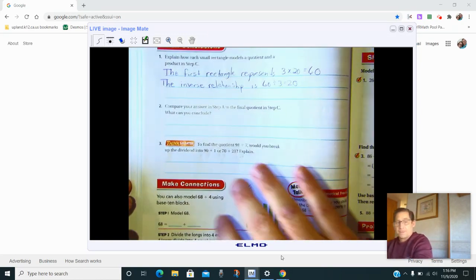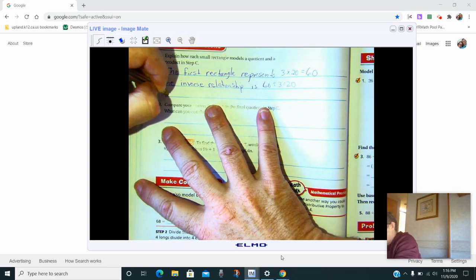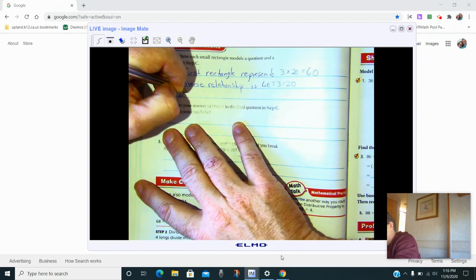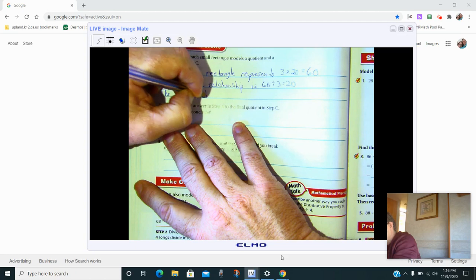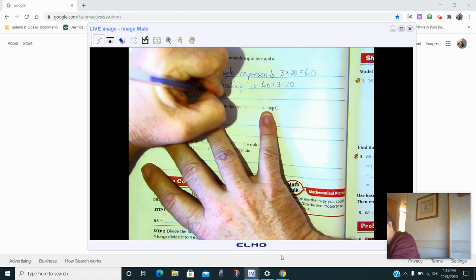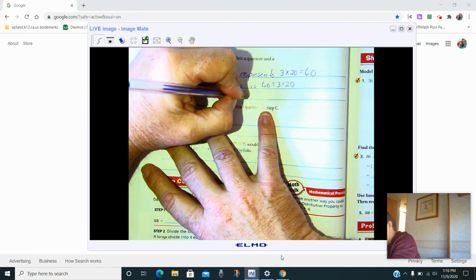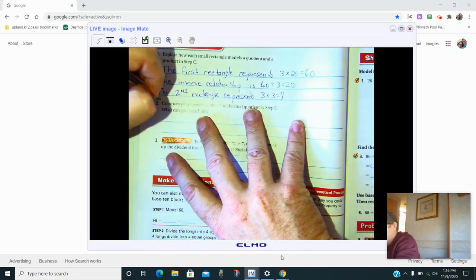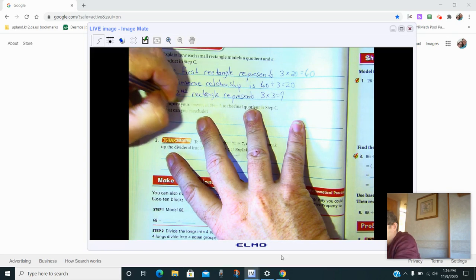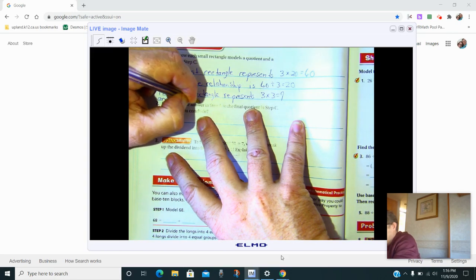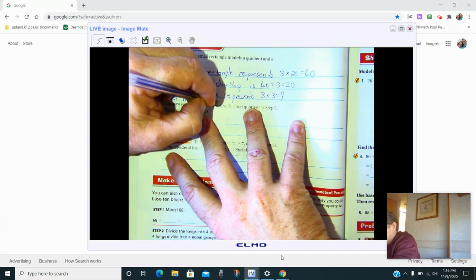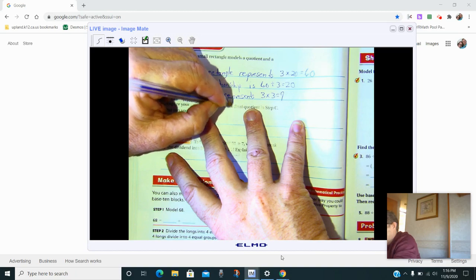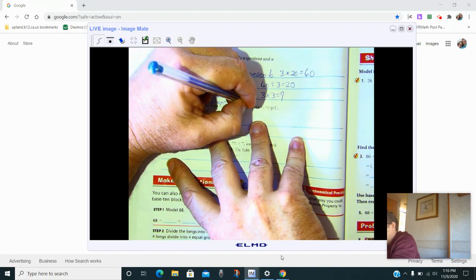The second rectangle represents 3 times 3, which equals 9, and its inverse relationship is 9 divided by 3, which equals 3.